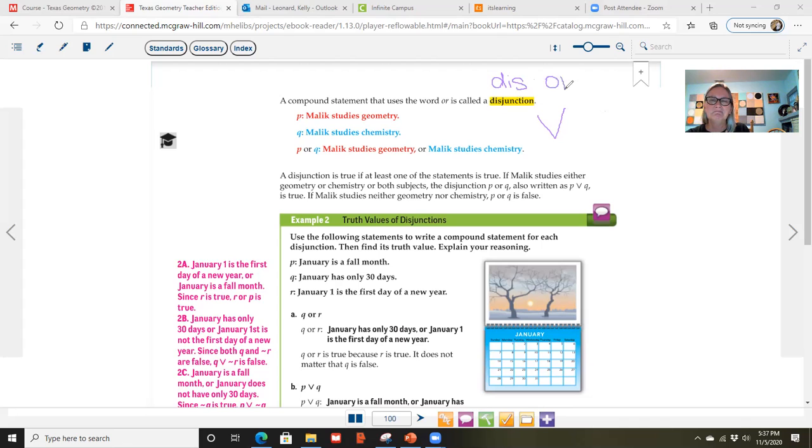I don't know why this works for me, but I say it's either this or that. The summer when Mr. Montague and I were taking the logic class, I would do that in my head every now and then. I'm like, okay, this one is or, and so it's called a disjunction.